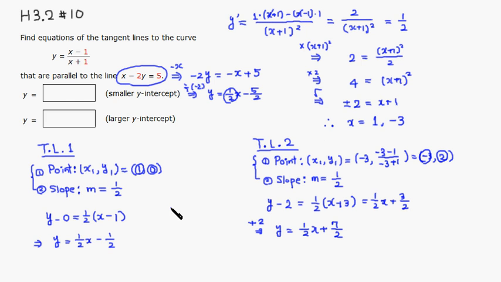So you can see that tangent line 1 is y equals 1/2 x minus 1/2, and tangent line number 2 would be y equals 1/2 x plus 7/2. So this has a larger y-intercept. That should be all. I hope that this was clear.